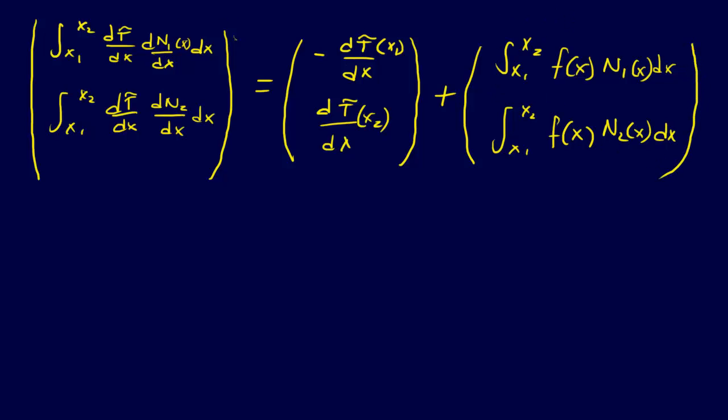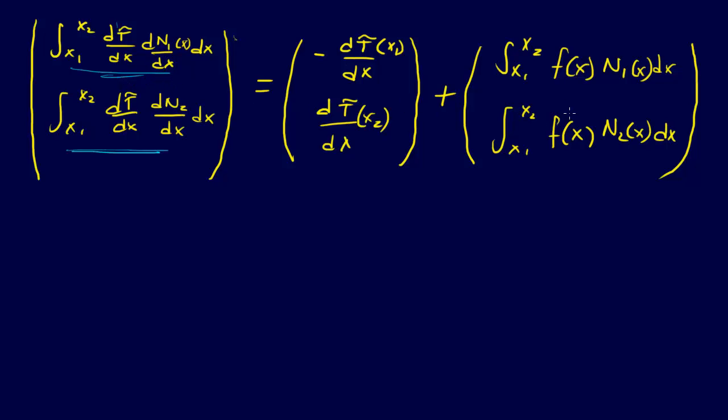Okay, now there are a couple other things that we can notice here. First of all, this term here. This is really nice because these terms are actually our boundary conditions, and so we can just plug those right in. We've already incorporated them. The other thing to notice is on this integral here and this integral here, we've reduced the order of this derivative by 1, so that simplifies it greatly.